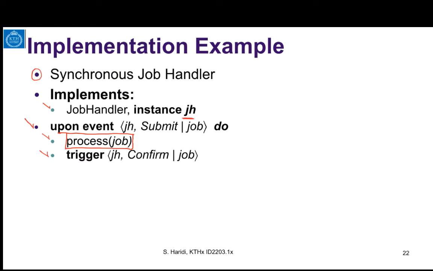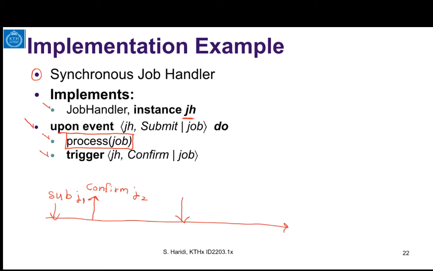So first we did a process, and this is, in a sense, a correct implementation because it accepts submit events and triggers confirm events. As you can see in this execution, for every submit event, we will immediately get a confirm. We submit job J1, we get a confirm J1.